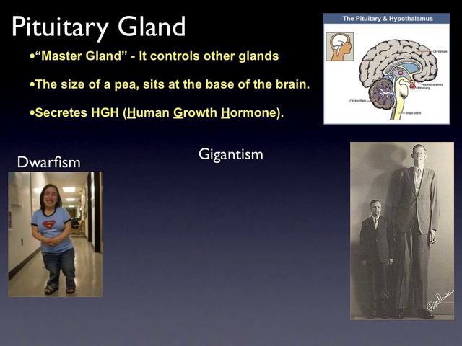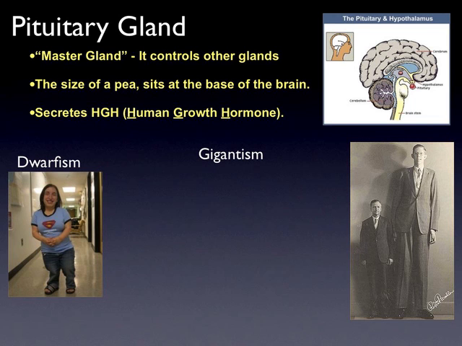It's because the human growth hormone is not produced enough, and so those bones don't elongate as they normally should. If doctors know about this in childhood, they could give somebody artificial human growth hormone to try to encourage their growth to a normal height, but they have to catch that ahead of time. There are also many other reasons for dwarfism, not just the lack of human growth hormone.